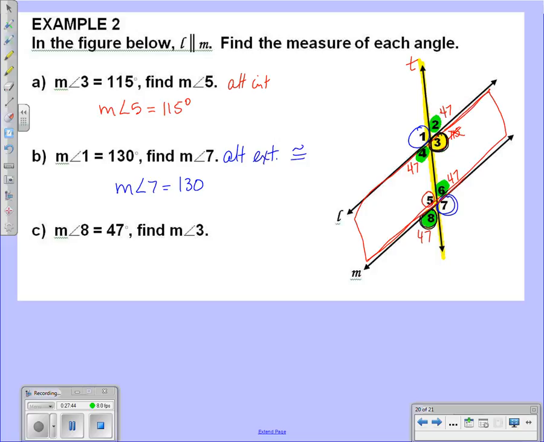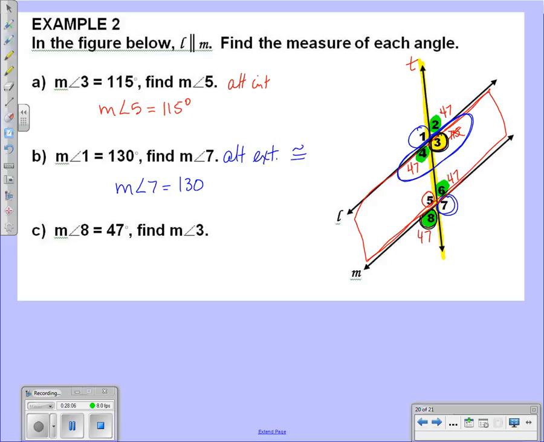I'm still trying to figure out, though, what is the measure of angle 3. So let's look. Here's 4 and 3. We haven't talked about this in a while, but 4 and 3, some of you might recognize, make a linear pair. And what do I know about linear pairs? We know that linear pairs are supplementary.